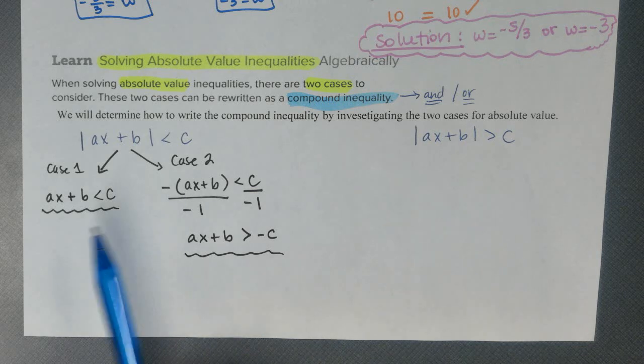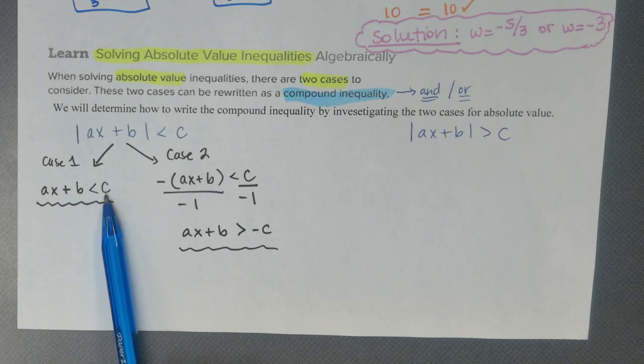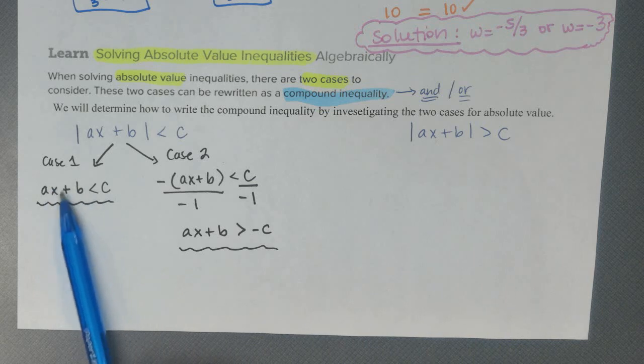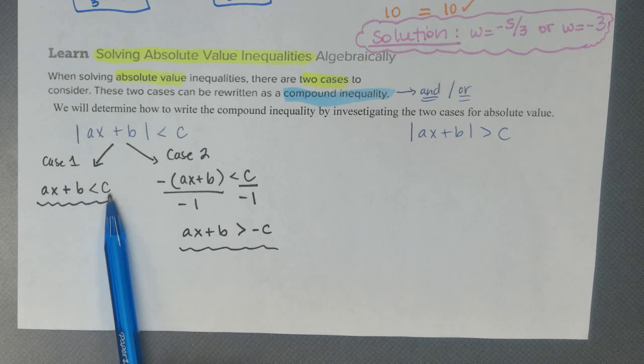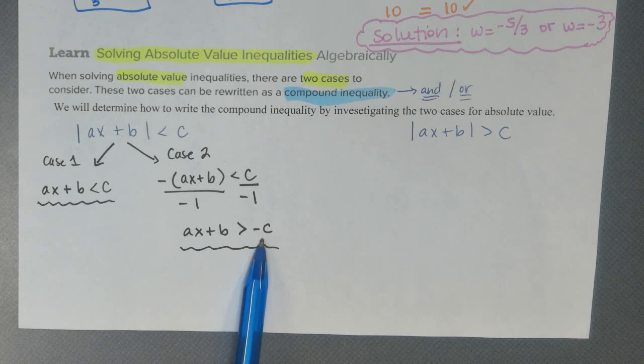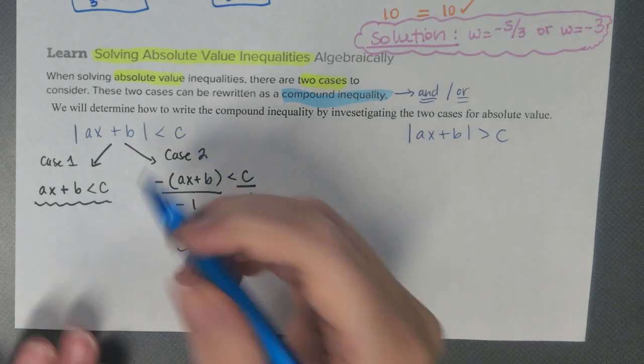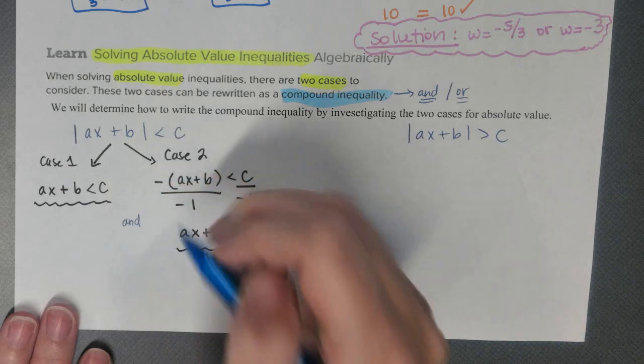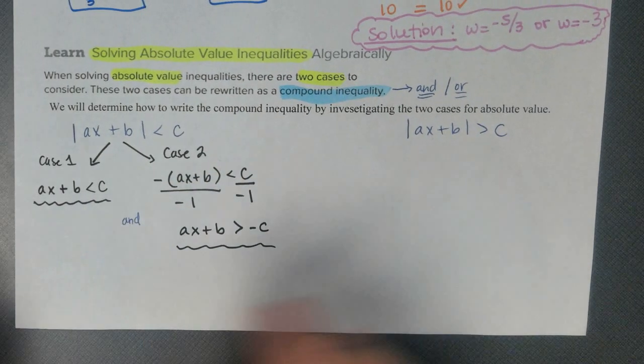So for example, let's just say c in this case is 5. If c is 5, this is saying that a value is less than 5 and also greater than -5. Can we think of some numbers that are less than 5 and also greater than -5 at the same time? Yes, so this is an AND situation. This is how we connect it.